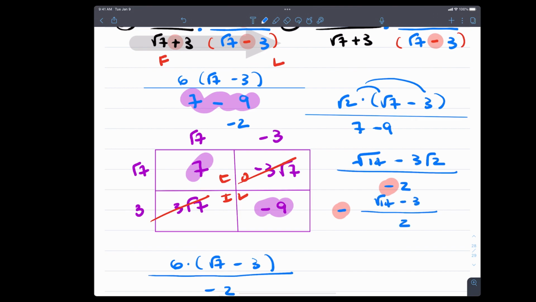Square root of 14 minus 3 square root of 2. And now, ladies and gentlemen, here you go. And there it is. So that negative sign is up there.